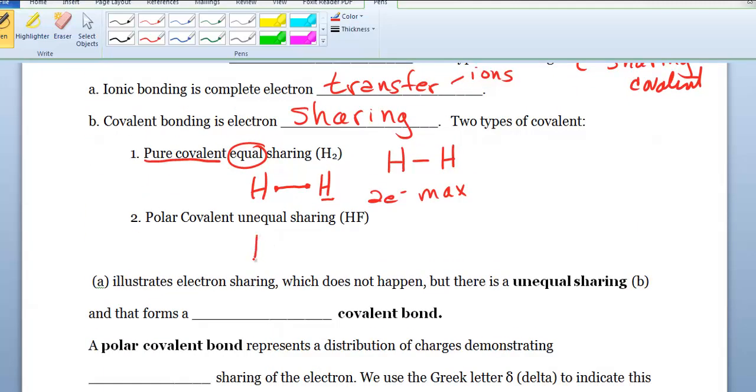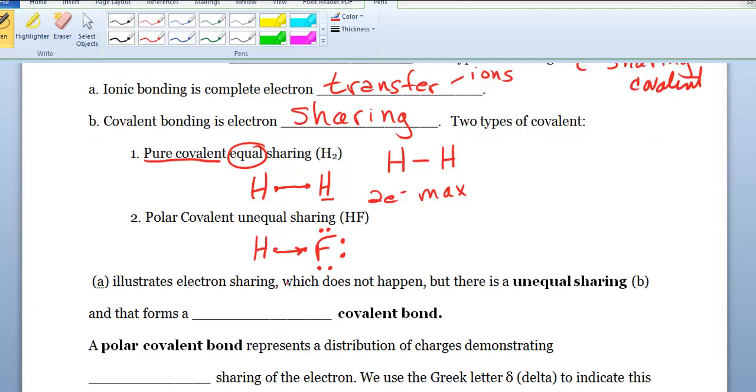But what if hydrogen bonds to something that is very electronegative? Fluorine is the most electronegative element on the periodic table. And as a result of that, this electron tends to go toward the fluorine more.